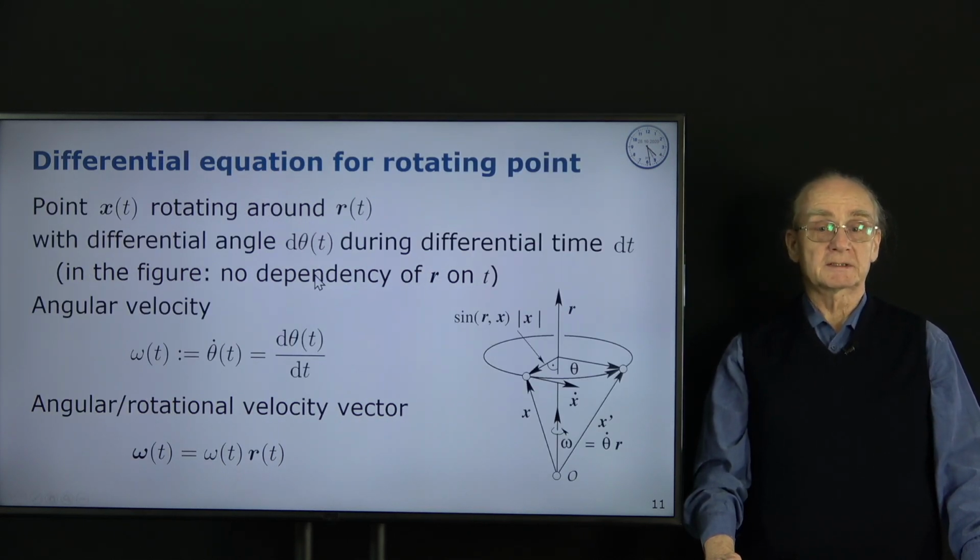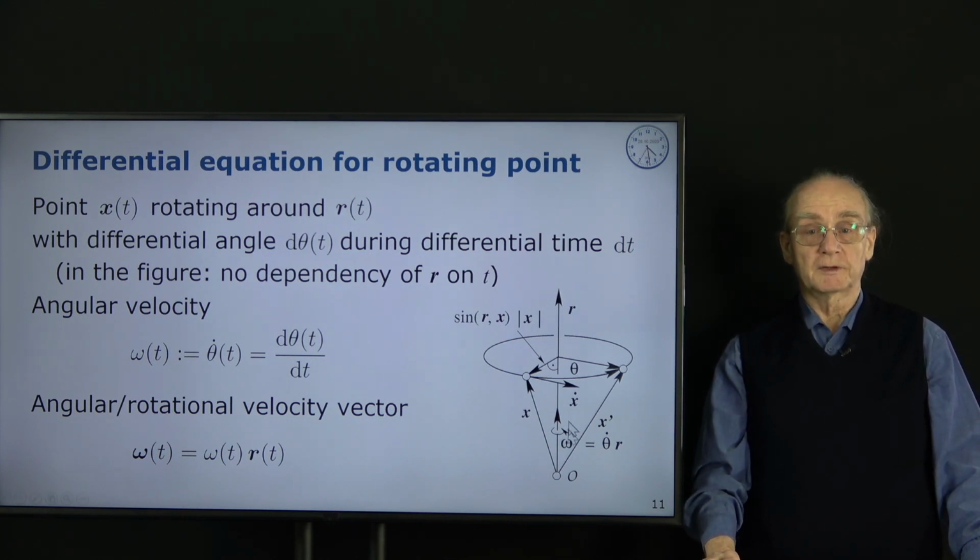Okay, now let's apply this in a first example, and we want to derive a differential equation for a rotating point. So let's assume we have here a rotation axis, and here's some point x. It rotates, let's assume with constant velocity along this path to arrive here at x prime.